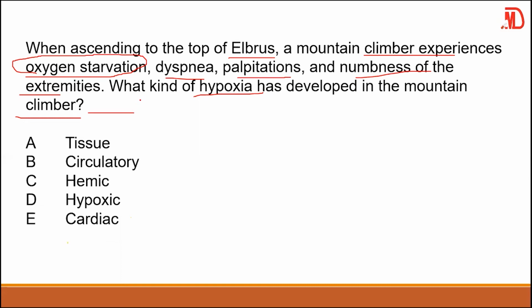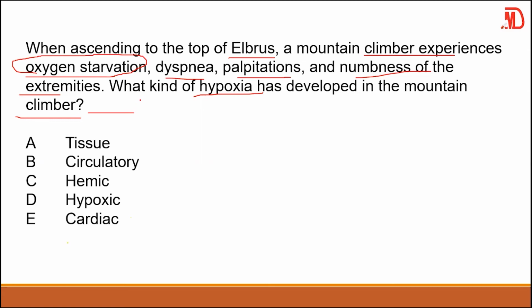So all of them fall under what? Respiration. Then we have what we call a tissue or histotoxic hypoxia. And this is the type of hypoxia that is produced by the inability of the tissues to utilize oxygen.